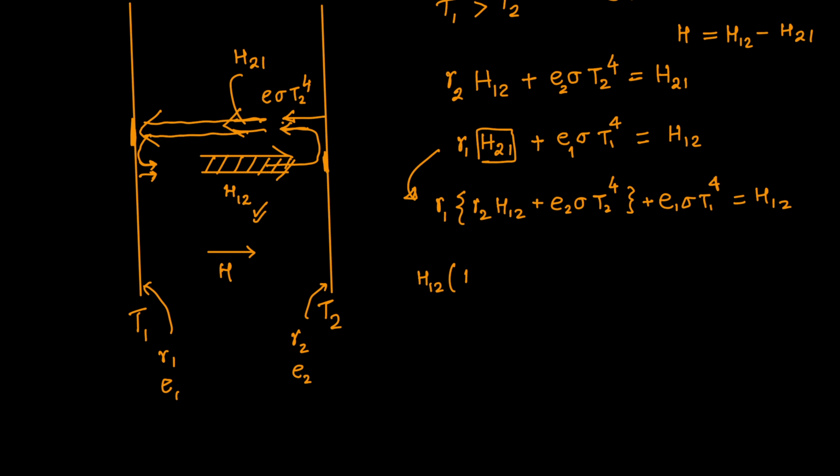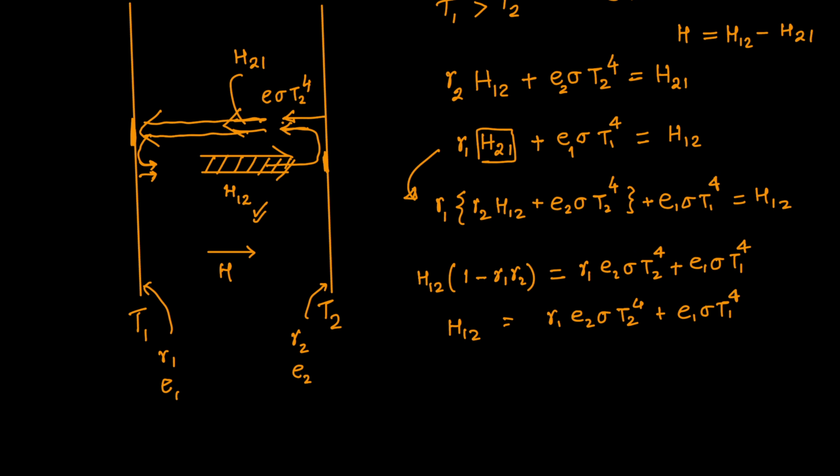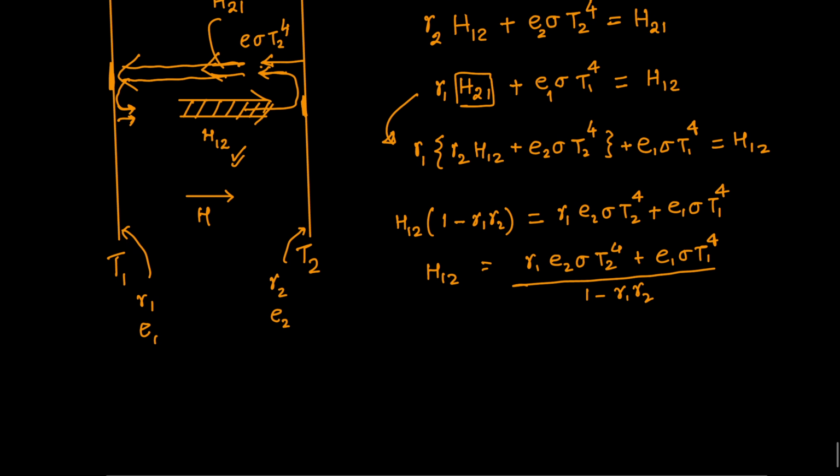So H12 times 1 minus R1 R2 equals R1 E2 sigma T2^4 plus E1 sigma T1^4. So this is H12 equal to R1 E2 sigma T2^4 plus E1 sigma T1^4 upon 1 minus R1 R2.